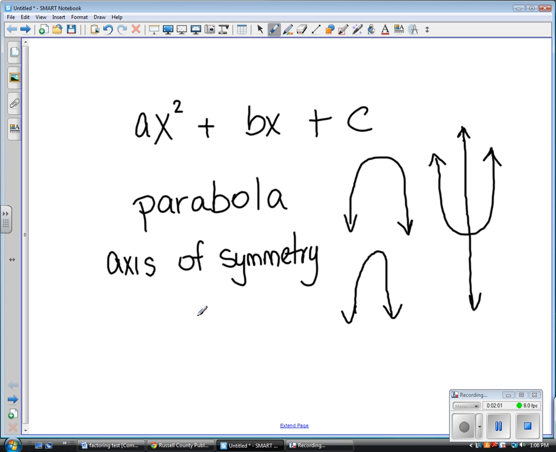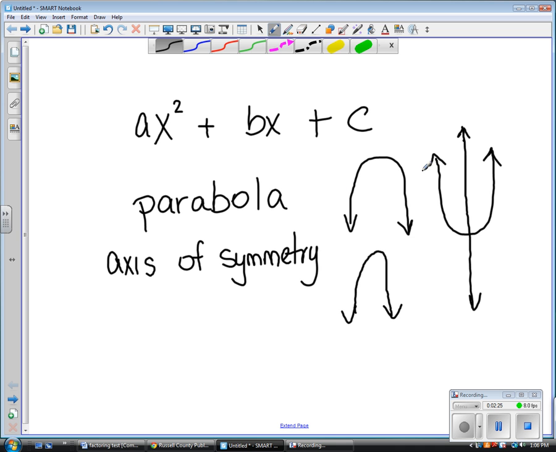So you're not going to get a drawing that might look like this. That doesn't have an axis of symmetry. That's not even a parabola. But these parabolas are going to have an axis of symmetry.